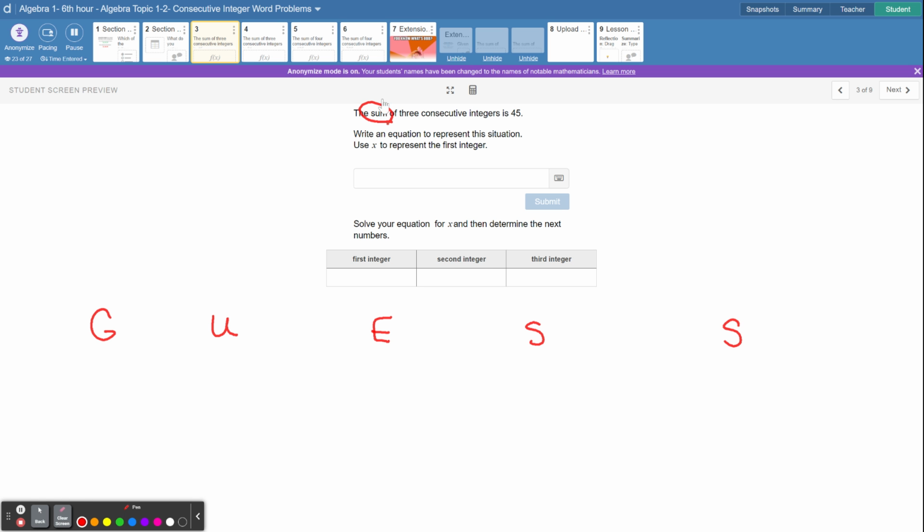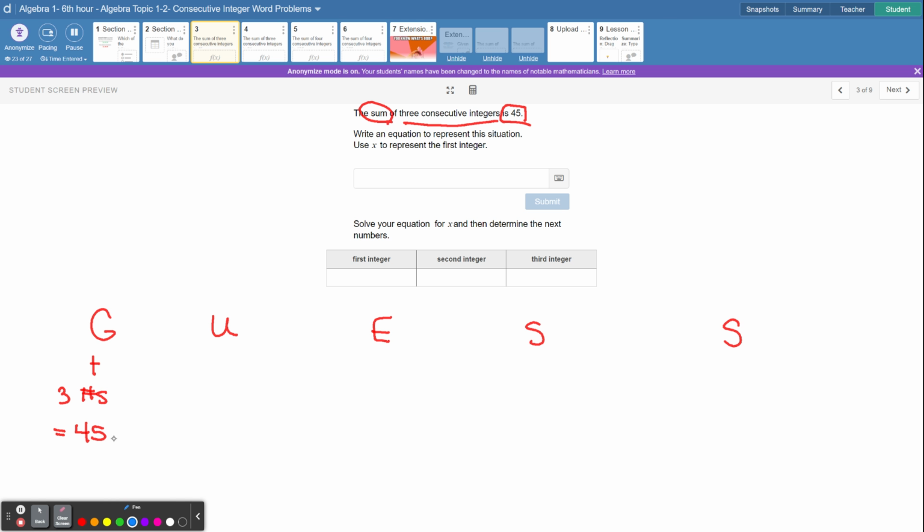We have the word sum, which means adding. We're going to be talking about 3 different numbers, and we know that this is 45. So our goal here, the sum of 3 consecutive integers, is to find what consecutive integers add up to be 45.